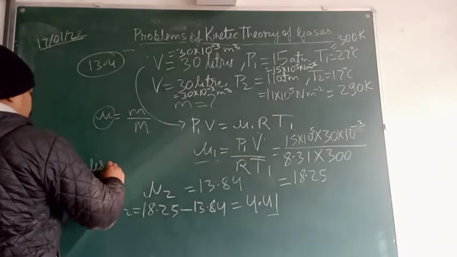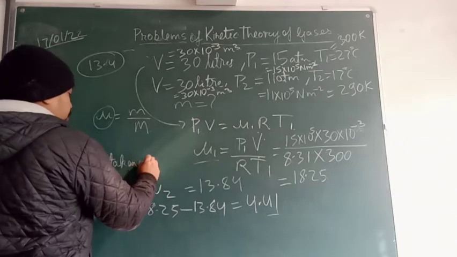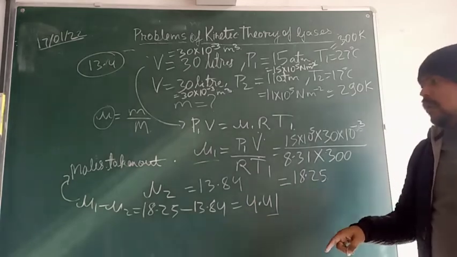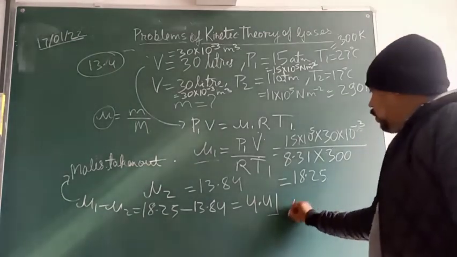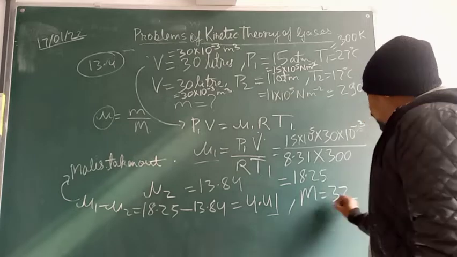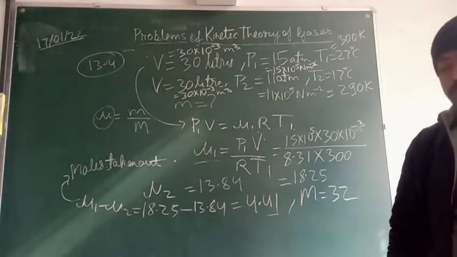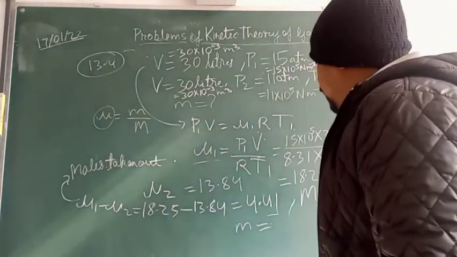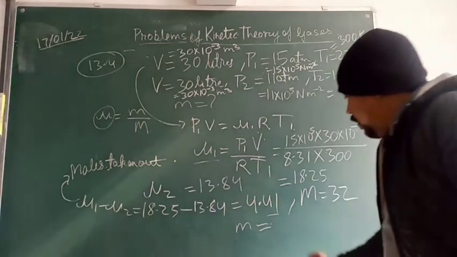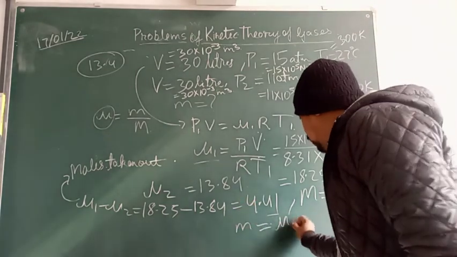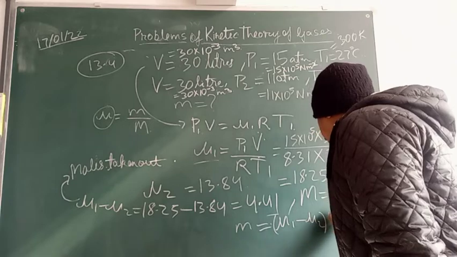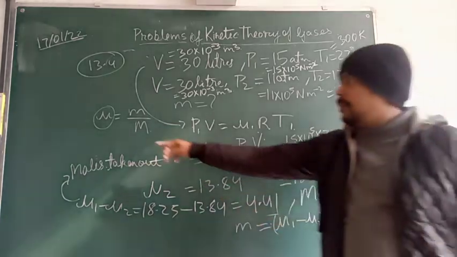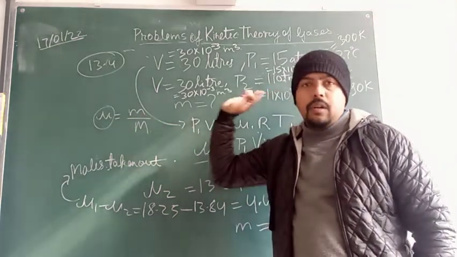Moles taken out, we have this, and we also know the molecular weight of the oxygen molecule. Capital M is equal to 32 for oxygen, everyone knows. So we can calculate the mass also. According to the formula, number of moles is equal to given mass upon molecular weight.